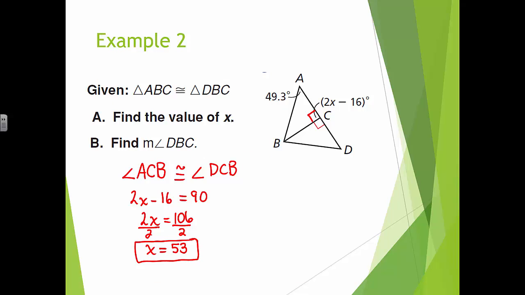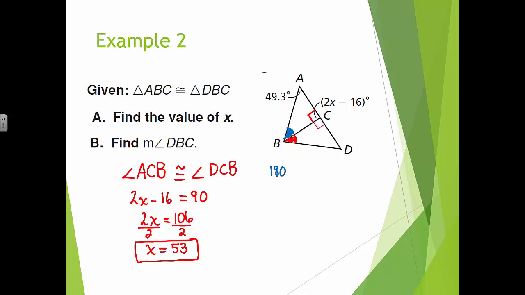In part B, it says find the measure of angle DBC. So DBC, where is that angle? That's this one right in here. Well, it's congruent to this angle right in here. So we know that this is 90, we know that that is 49.3, and so we can figure out what this one is using the triangle sum theorem.